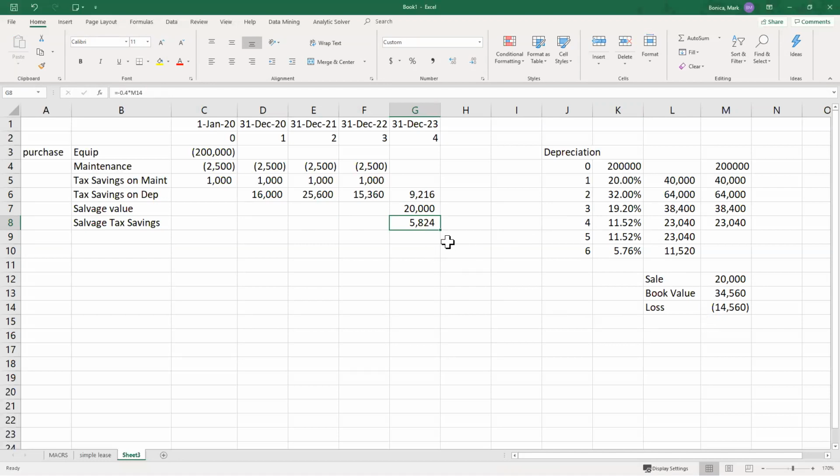58,000. So we're 5,824. So we're getting that back. And so now we can do our net cash flows. So now we just sum up the columns.